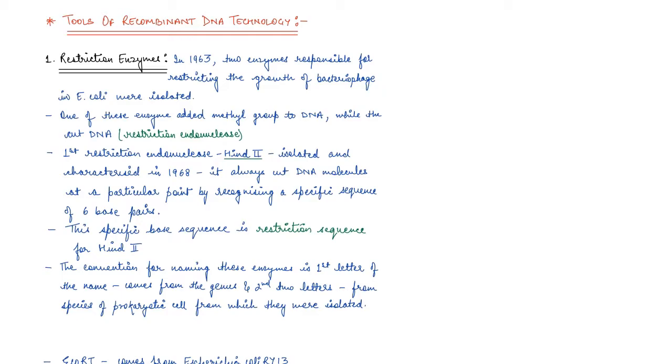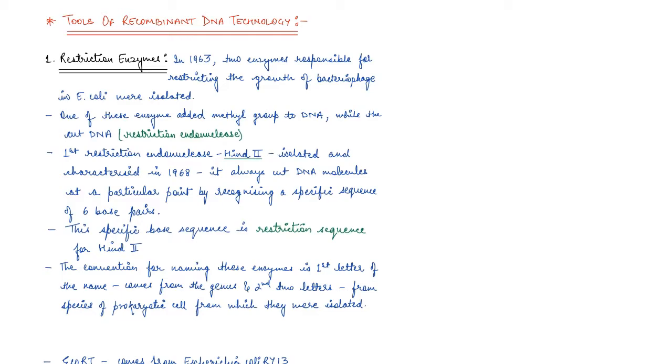Today we are going to study all about those tools. In the last video, we studied restriction enzymes, plasmids, and how we combine them to form vectors, and then we clone them, right?